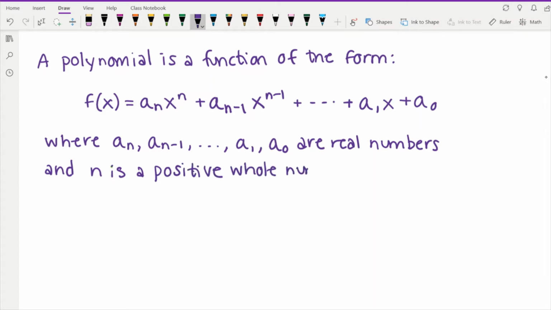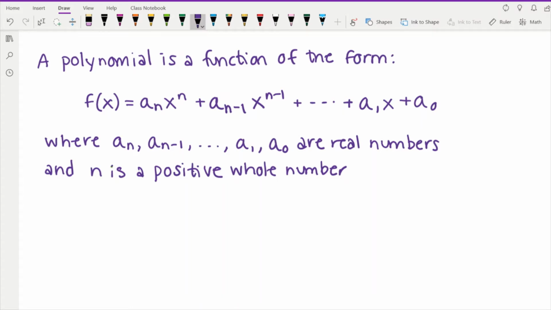Okay, so why does this look so crazy? Why is there so much going on with all these different letters and numbers? Well, basically, what is a polynomial? A polynomial is a function where you're adding up or subtracting different powers of x multiplied by different numbers. And so the reason that this kind of format looks so funny is because we want to write down the most general expression we can.